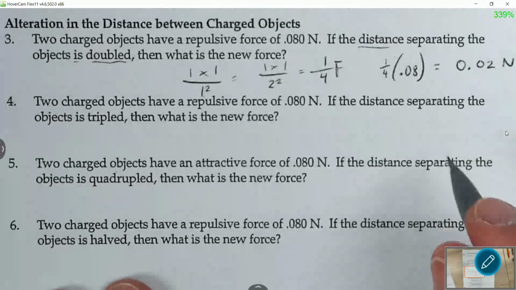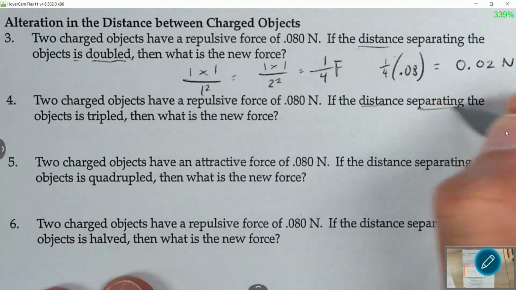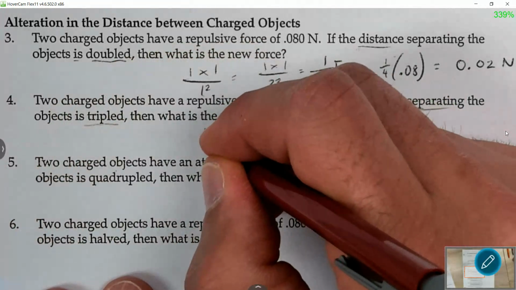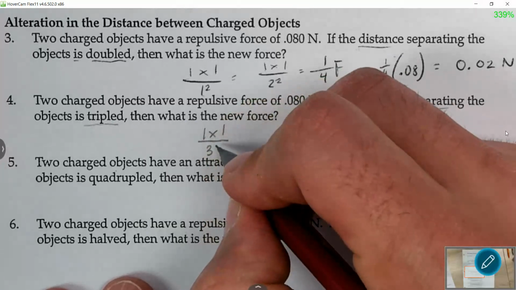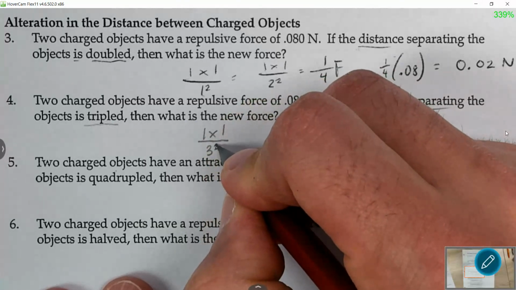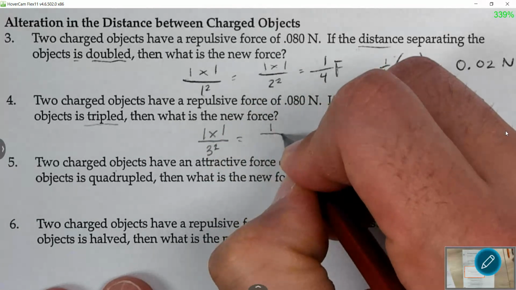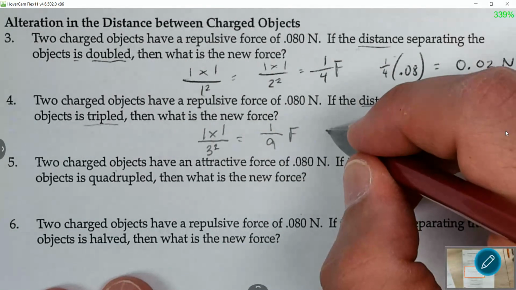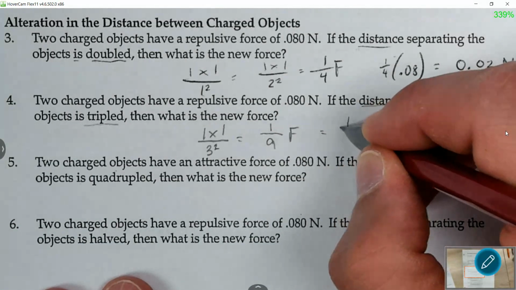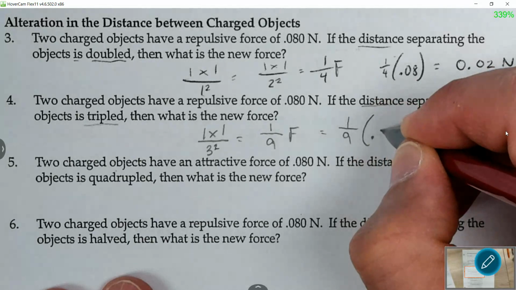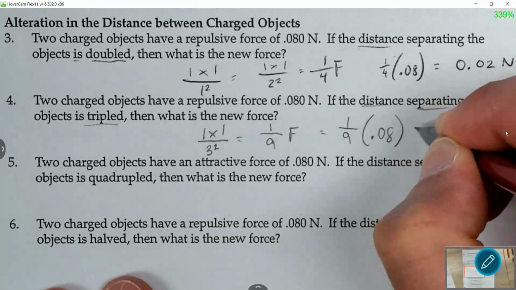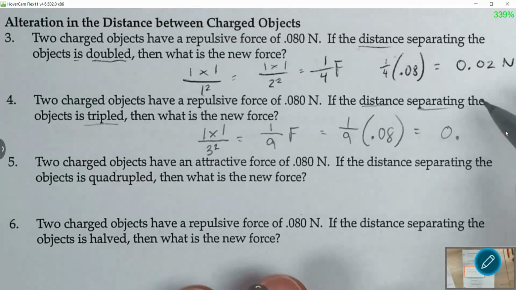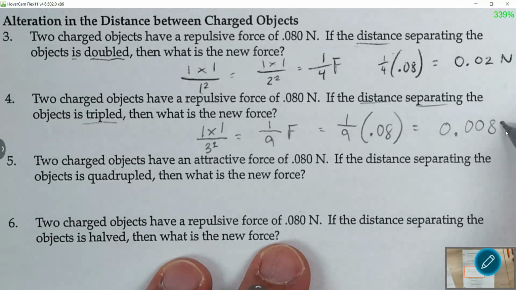Now they said, if the distance separating them triples, what's good? Well, nothing happened with the charges, but the distance is now 3. But you still have to square it. 1 times 1 is 1, and 3 squared is 9. So you'd be 1/9 of the original force. So 1/9 times 0.08. When you throw that into a calculator, it comes out to be 0.0088.